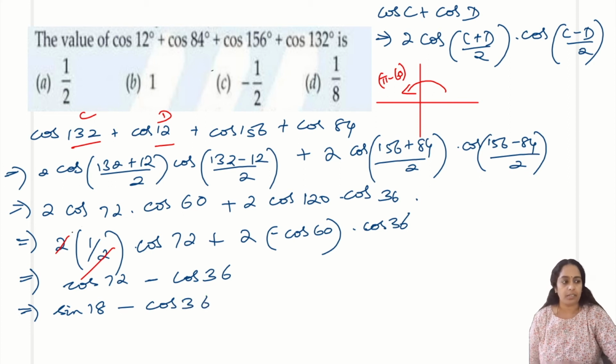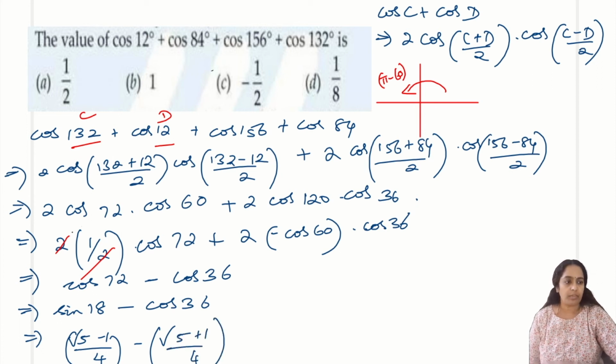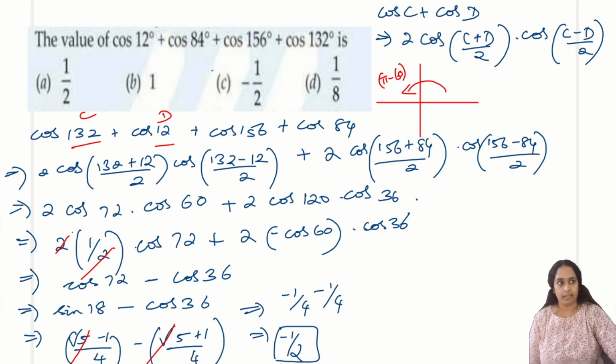Cos 72 is sine 18. So now sine 18 is root 5 minus 1 by 4. Minus of cos 36 value is root 5 plus 1 by 4. So here root 5 by 4 and minus root 5 by 4 gets cancelled. So I am left with minus 1 by 4 and minus 1 by 4, which is minus half. Minus half is my answer. So option C, minus half is my answer.